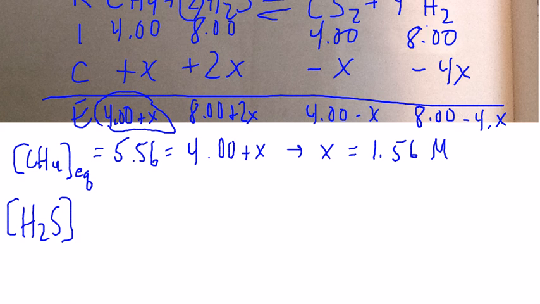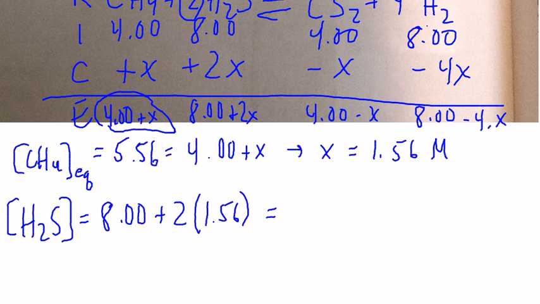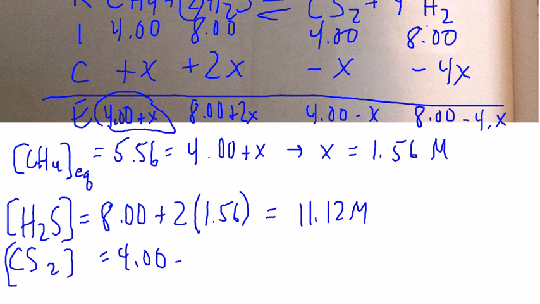So if x is 1.56 molar, the H2S concentration at equilibrium is 8 plus 2x. So it's 8 plus 2 times 1.56, giving us 11.12 molar. The CS2 concentration is equal to 4 minus x. We'll plug in what that x is here, 1.56, and that is 2.44 molar.